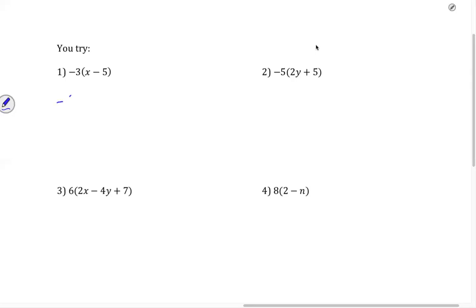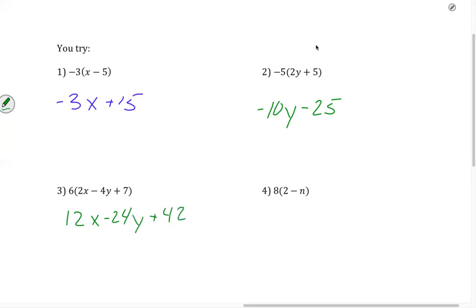Negative 3x plus 15. Sophia Phillips, what did you get for number 2? Negative 10y minus 25. Negative 10y minus 25. Sophia Kender, what did you get for number 3? 12x minus 24y plus 42.